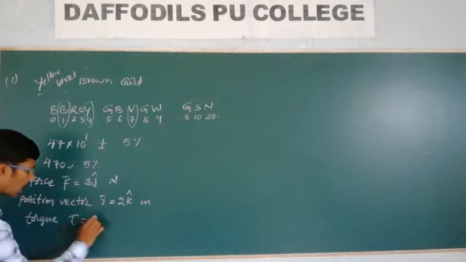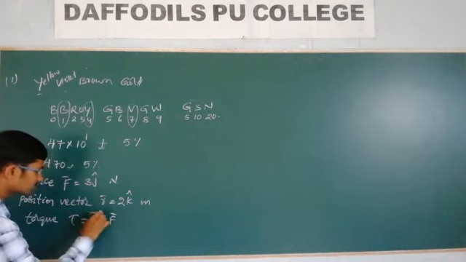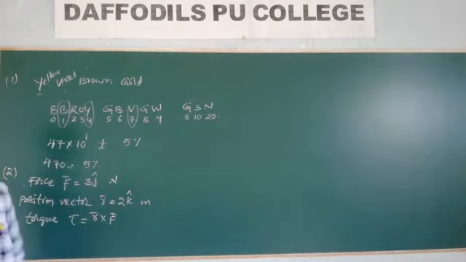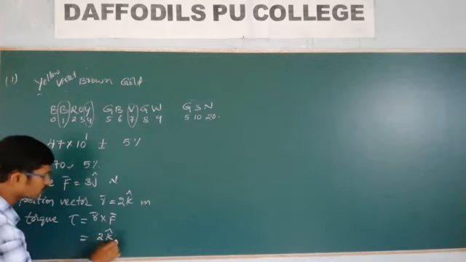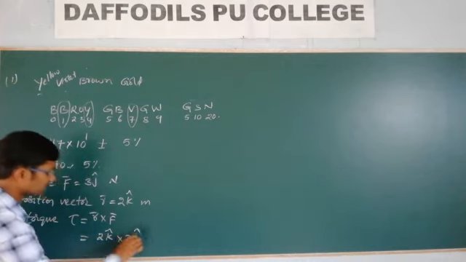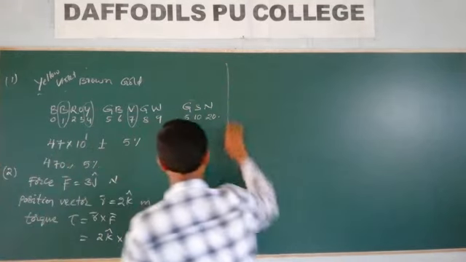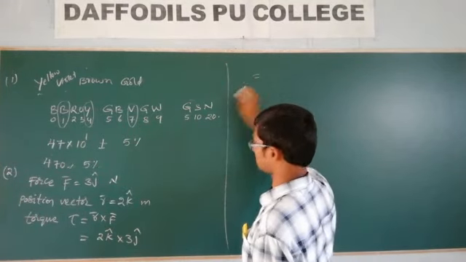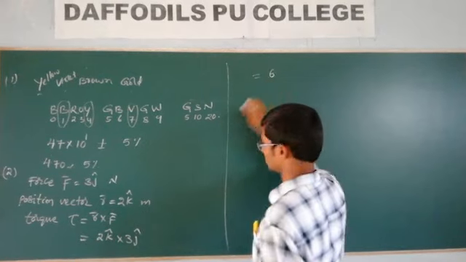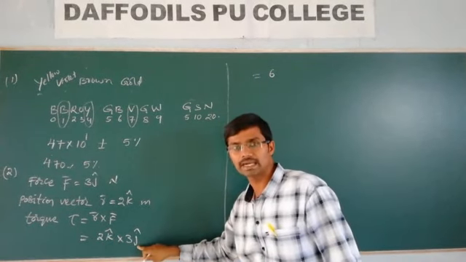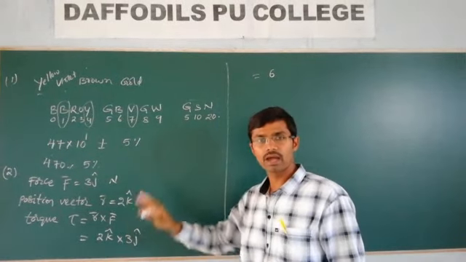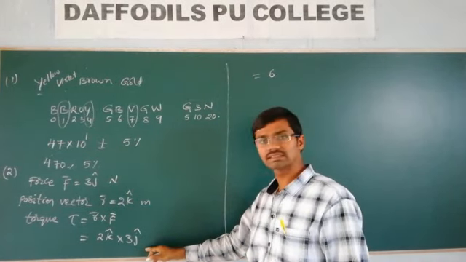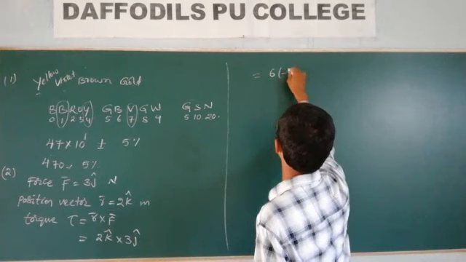Torque is equal to r bar cross F bar, but not F bar cross r bar. So r bar, 2 k cap, cross 3 j cap, equals 2 into 3, 6 k cap cross j cap. If it is j cap cross k cap, it is i cap, but k cap cross j cap means minus i cap.